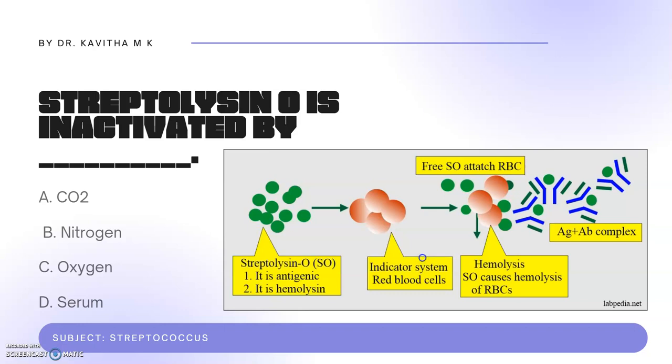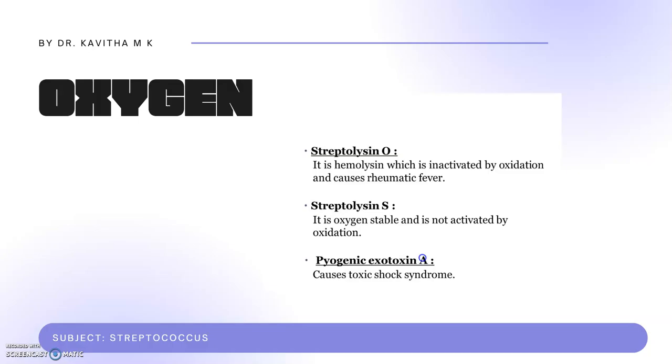So the answer is streptolysin O is inactivated by oxygen. It is a hemolysin which is inactivated by oxidation and it causes rheumatic fever. Whereas streptolysin S is another antigen which is oxygen stable and is not inactivated by oxidation.